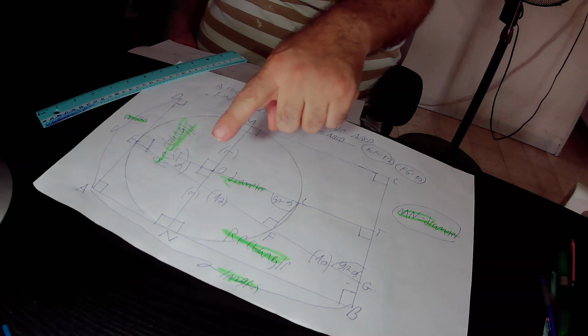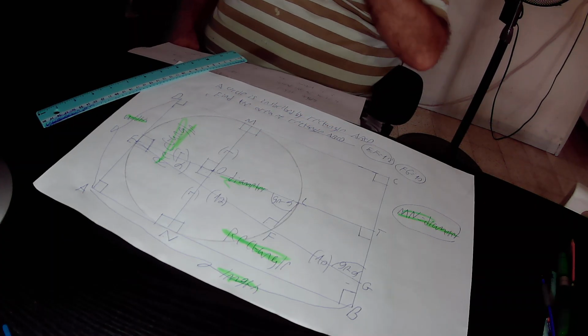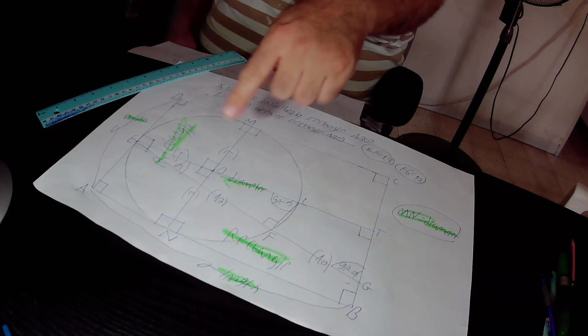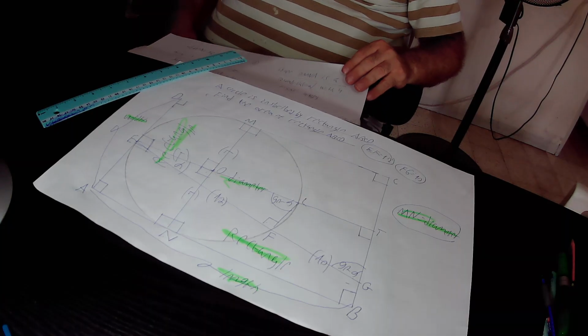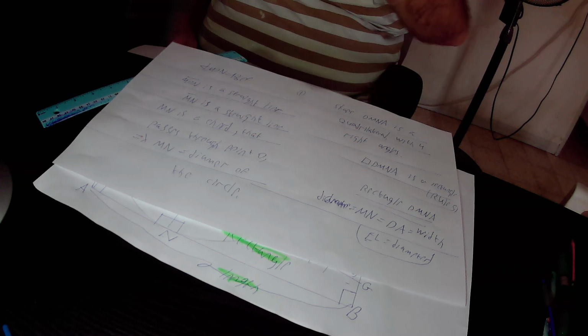But MN is a chord that passes through point O, the center of the circle, and we know that any chord that passes through the center of the circle must be the diameter of the circle. Therefore MN is the diameter of the circle. We found out that MN is the diameter of the circle.